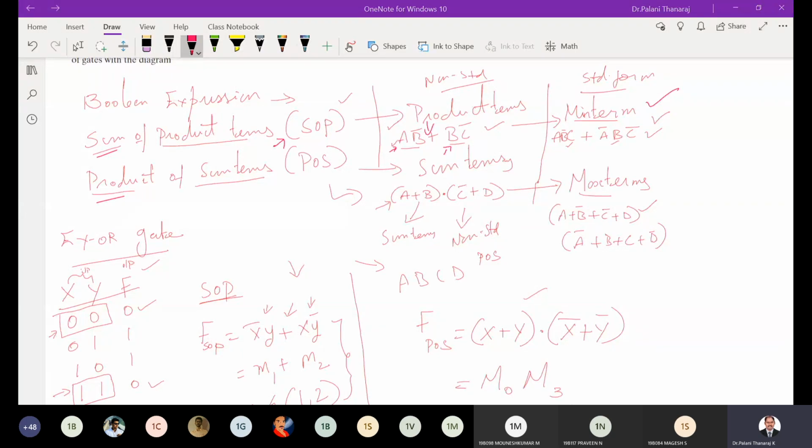If you do Boolean algebra, I need to know the properties, the laws and theorems, and it is difficult to write as an algorithm. If you want to use a computer for simplification, I cannot use a Boolean theorem or law, and it is difficult to do the programming.